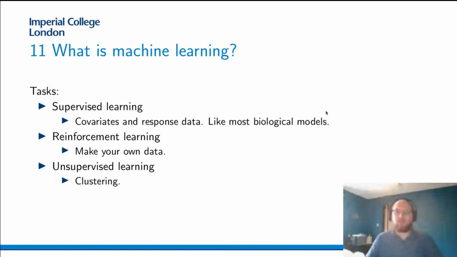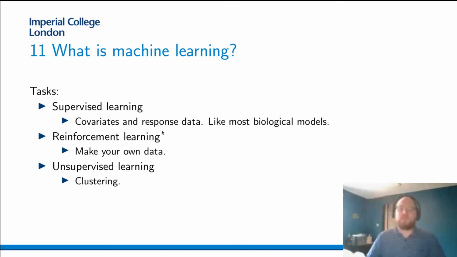Really, I think most biological models that we encounter in our biology work, in papers, or in our biology statistical lectures come under supervised learning. So linear models, generalized linear models, t-tests, ANOVAs, all these types of models have one or more covariates and a response variable, so they come under this umbrella of supervised learning.